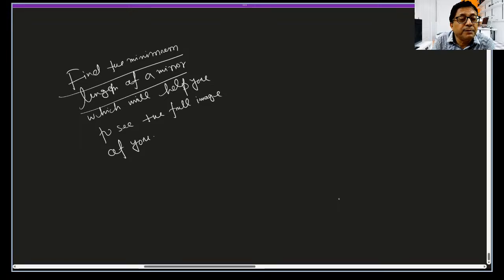Find the minimum length of a mirror which will help you or me to see the full image of you or me. Okay?